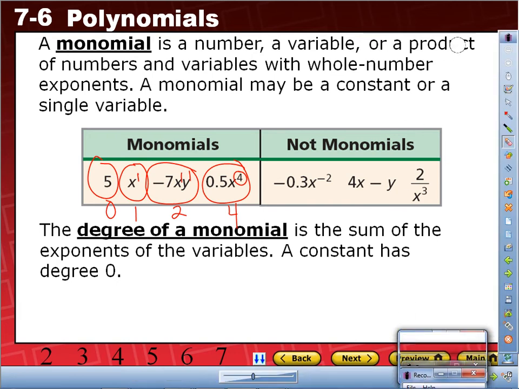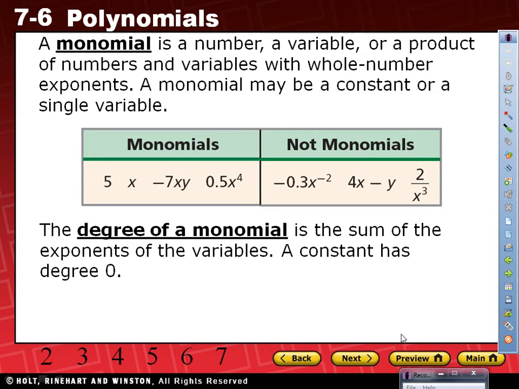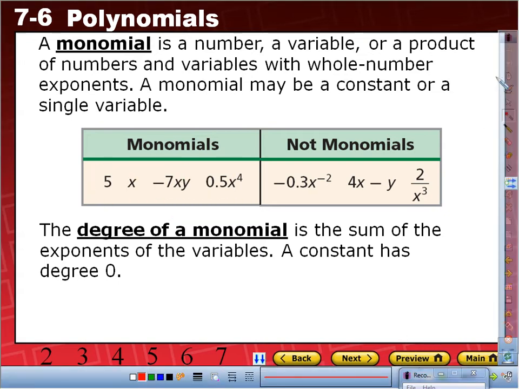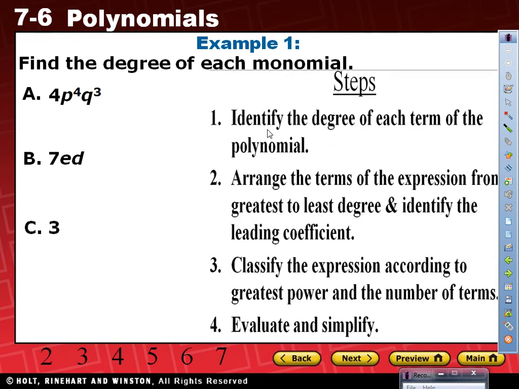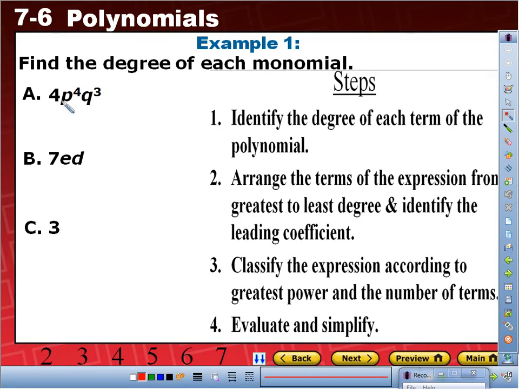So, from there, we did some examples, remember that? Yeah. And I walked you through the steps: identify the degree of each term of the polynomial. So let's look at this. Just a refresher, you don't need to copy it. You already have it. And you said 4 plus 3, that's 7.